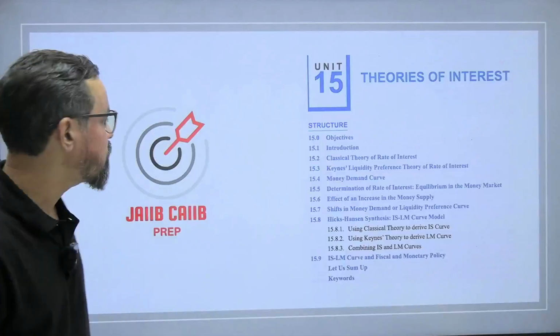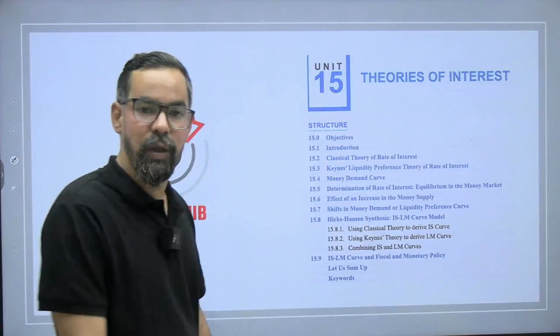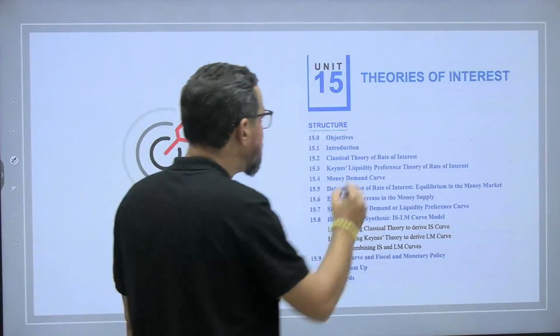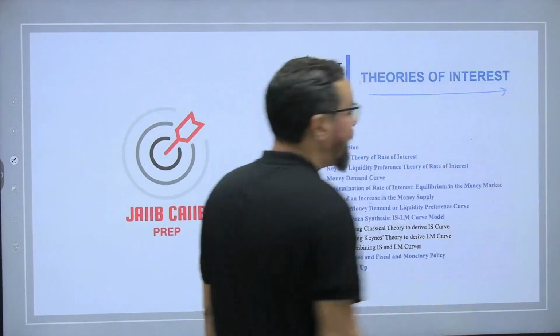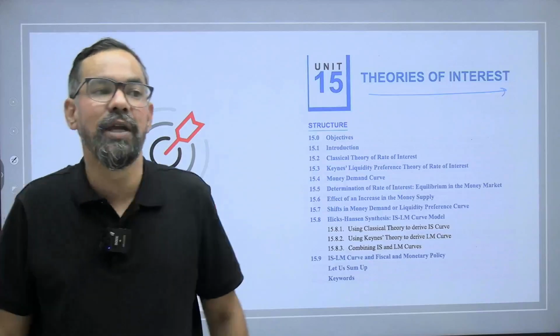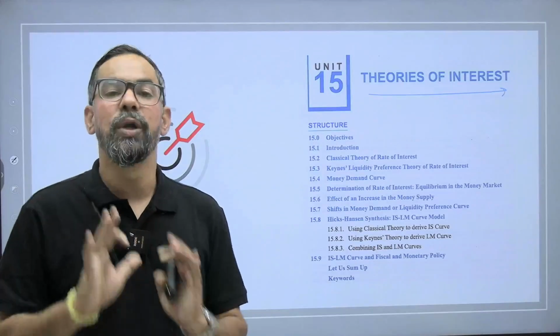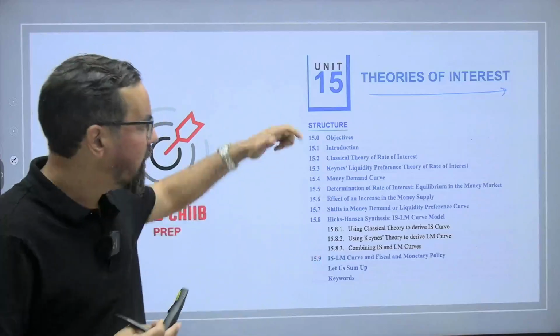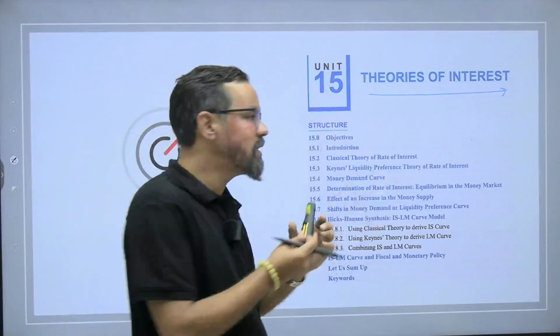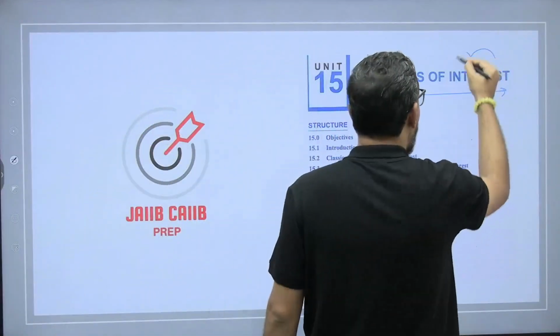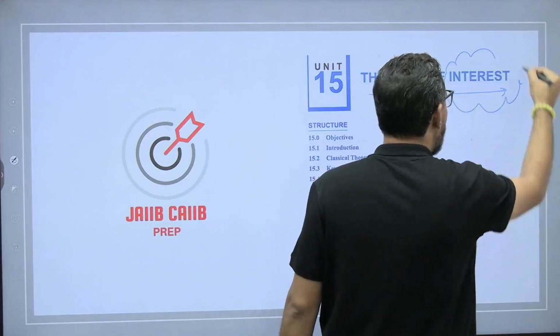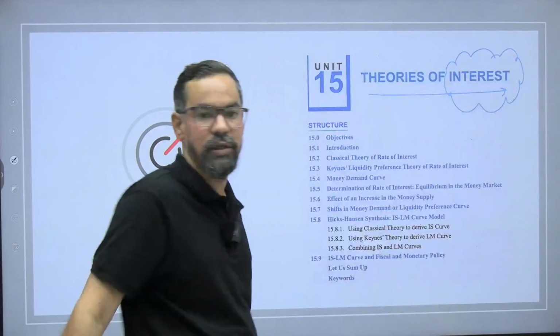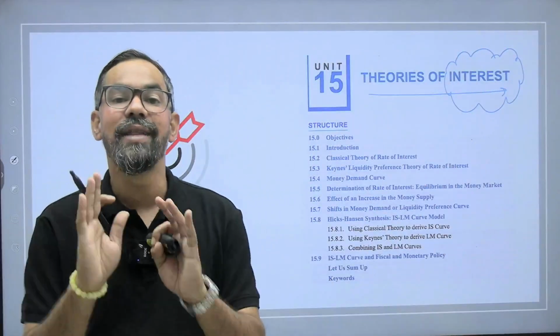Next one. Unit number 15, again very important one. So theories of interest. When it comes to unit number 15, it is similar to demand and supply, and they have a direct relation between demand and supply. Theories of interest cover how the government or the central bank decides the rate of interest.